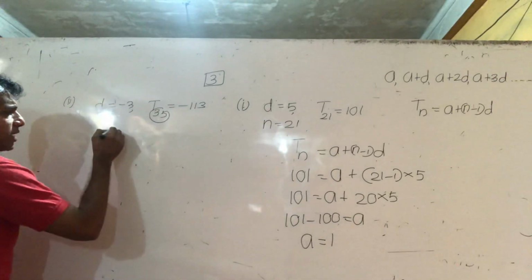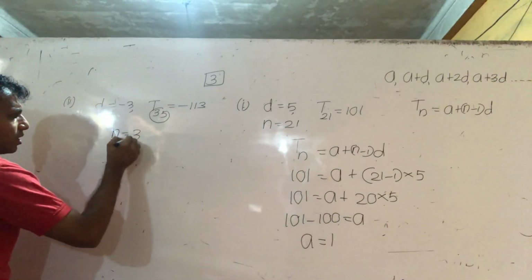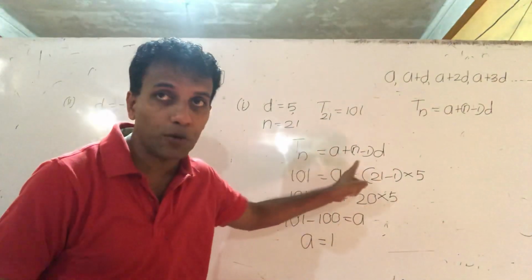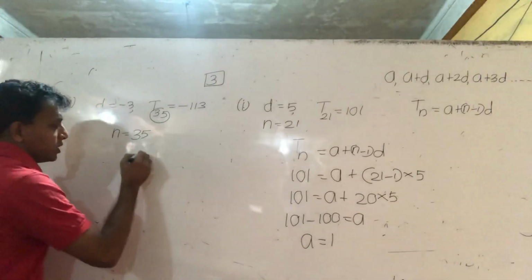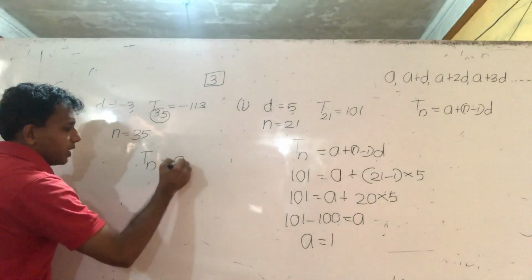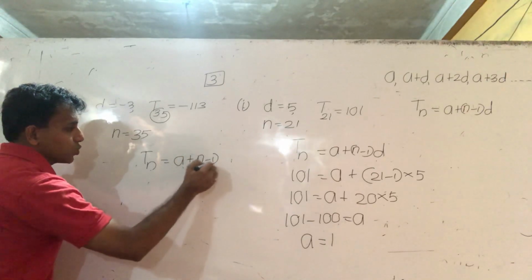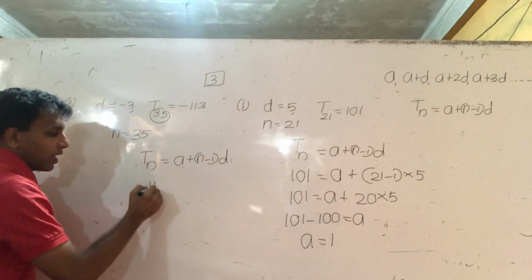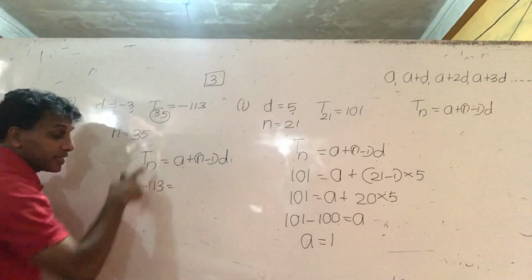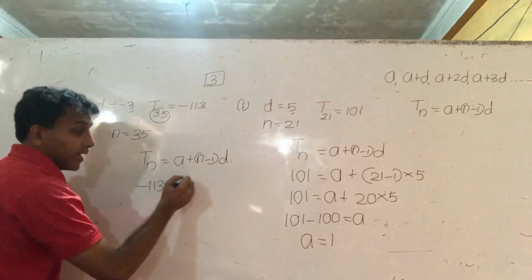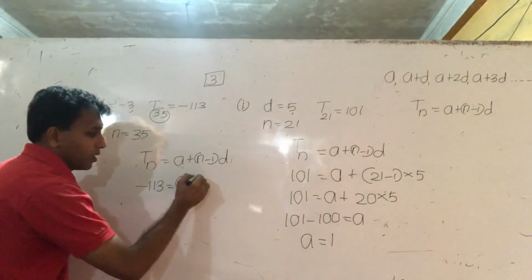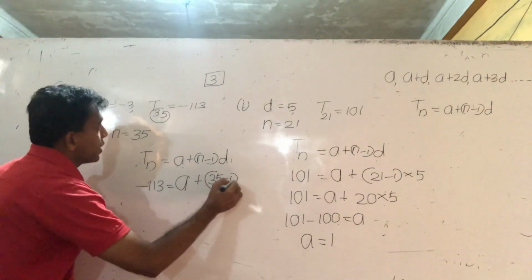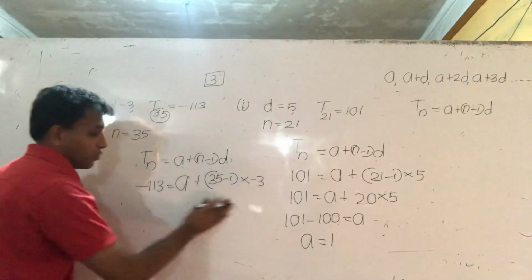So what is n here? n equals 35. Then write the equation. This we call the nth term formula: Tn equals a plus n minus 1 into d. Tn is minus 113, that means T35, right? a is missing, we find the a answer, plus n is 35 minus 1, common difference minus 3.